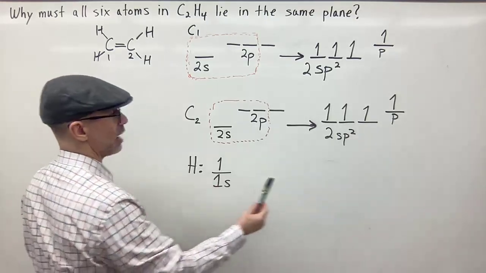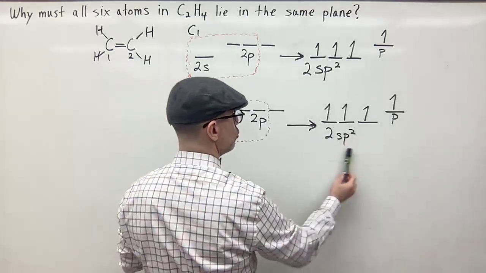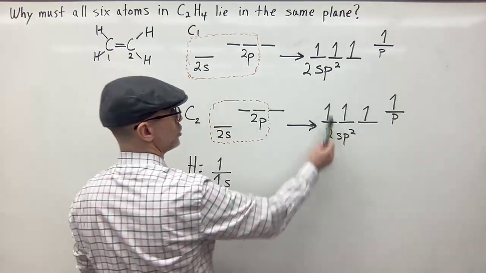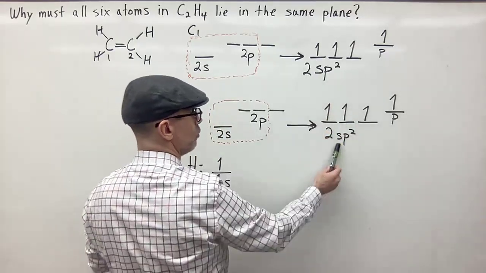So the overlap of the sp2 orbitals with each other, you're going to get an overlap between these.